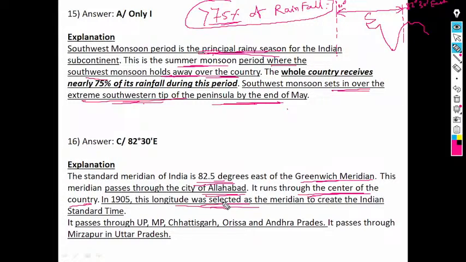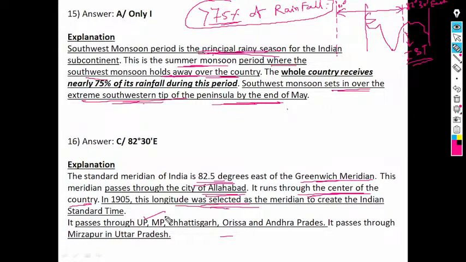Now, India is such a vast country, so how is only one IST line suited to such a big country? It is to keep the unity of India, its unity and diversity.